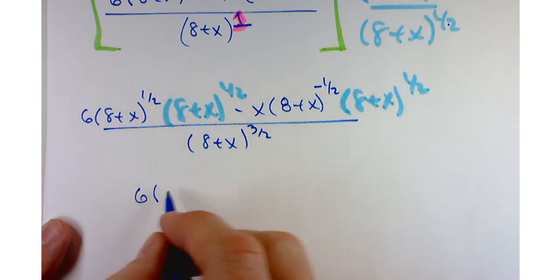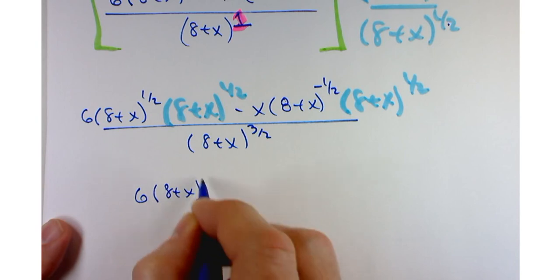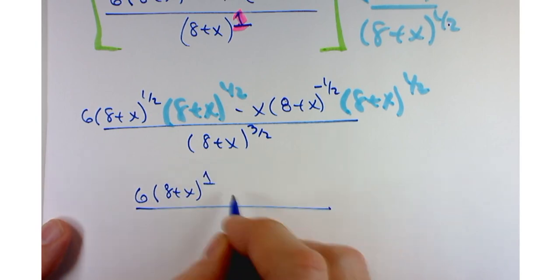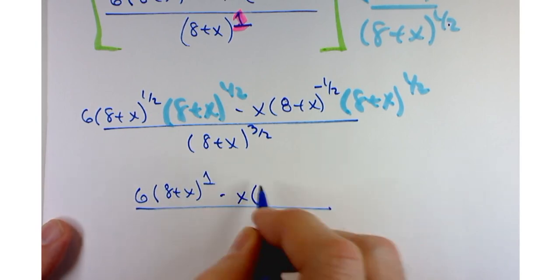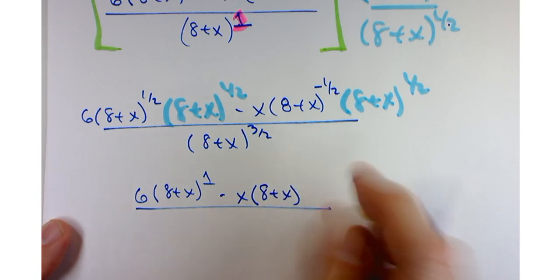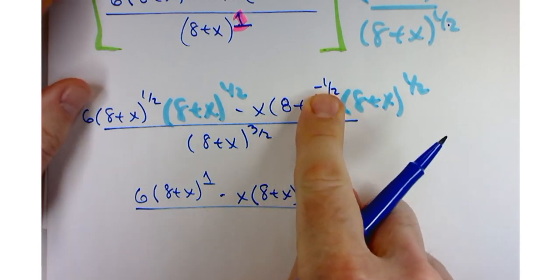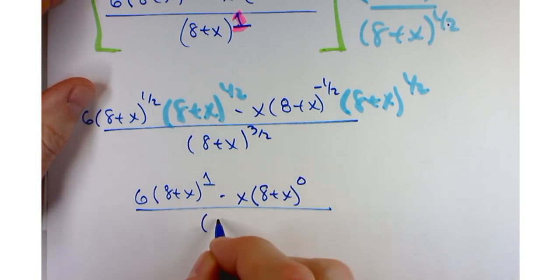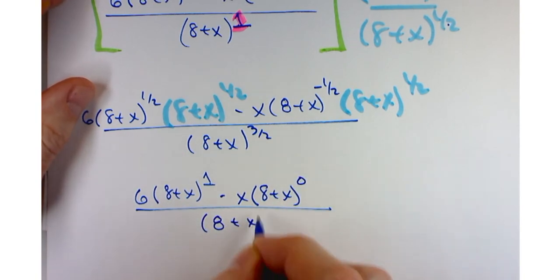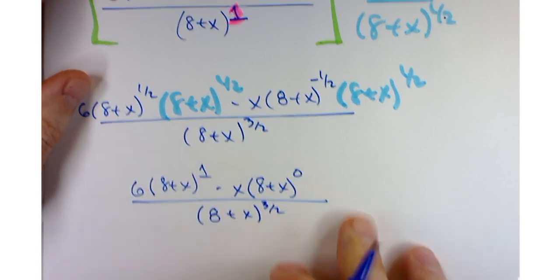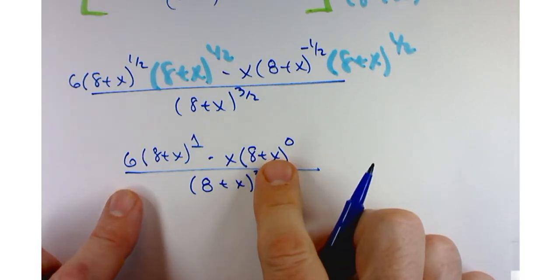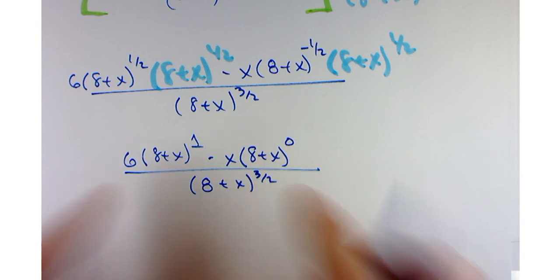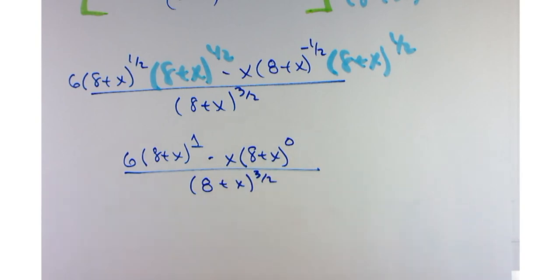What am I going to get for the exponent? 1. Minus x, 8 plus x. What am I going to get for the exponent here? 0. That's interesting. Now the nice thing about all this is that at least in the numerator, I don't have any more fractional exponents. I've cleaned it up pretty nicely.